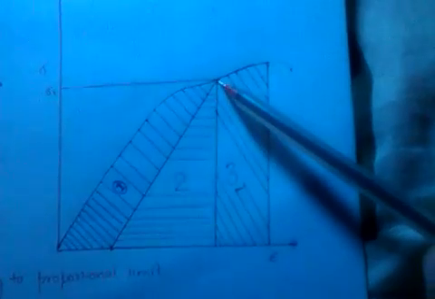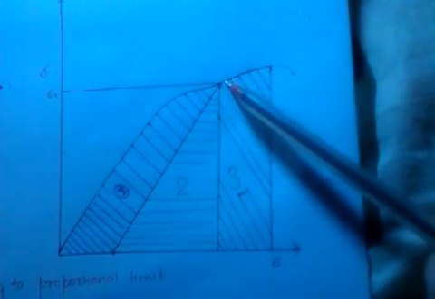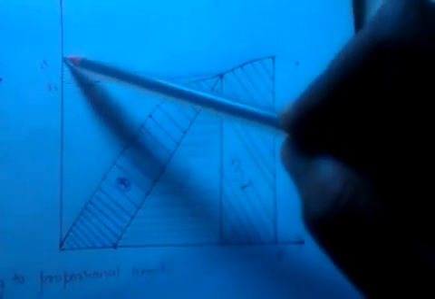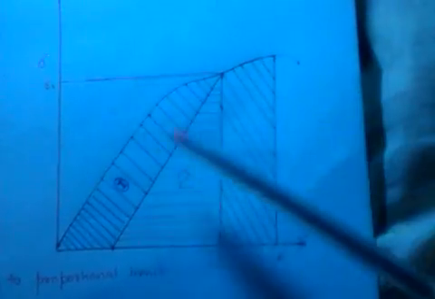Now just look and appreciate the beauty of this concept: as I decrease the load, the stress decreases, and when the stress is 0, or when the load is 0, I still have some amount of deformation, because of the plastic nature of the deformation, since I had increased the load beyond the proportional limit.